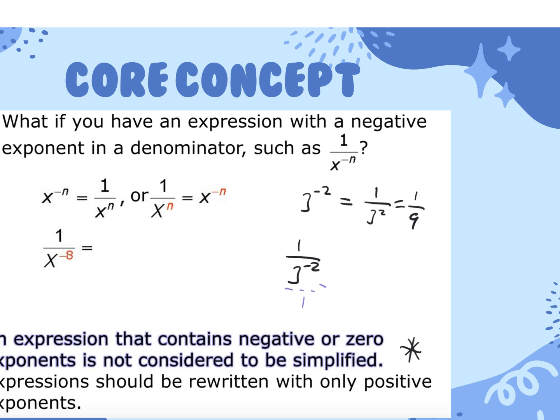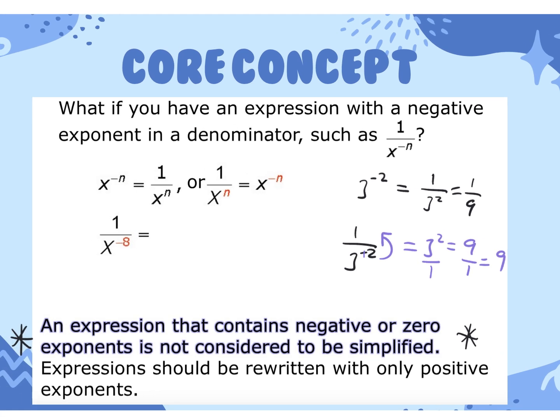I'm not going to put it over 1 and go through all that process. I already see it in a fraction, so I'm just going to bring it to the top. So all the negative exponent does to a fraction is switch its position. If it starts on the top, it's going to go to the bottom, and if it starts on the bottom, it's going to go to the top. So this is going to become 3 to the positive second power over 1, which is just 9 over 1. But 9 over 1 is just 9, right?